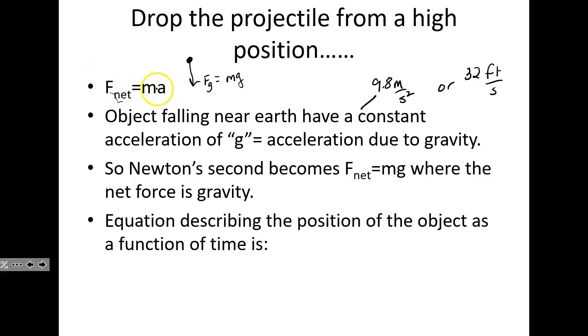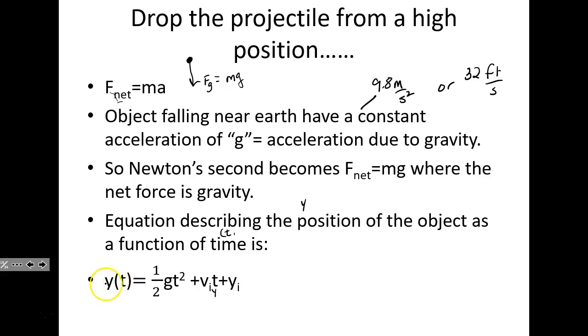This is force, mass, and acceleration. We want to know what's the position, y, as a function of time, t. And that equation is this. We have the position at time t is equal to 1/2 the acceleration due to gravity multiplied by the square of time, plus the initial velocity that it has in the y dimension times time plus its initial position.